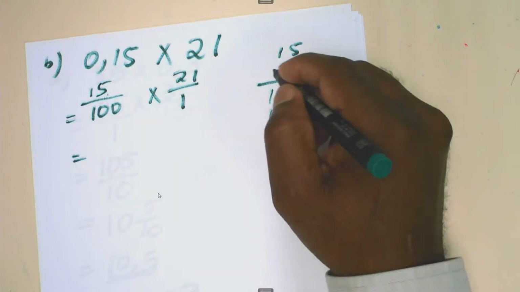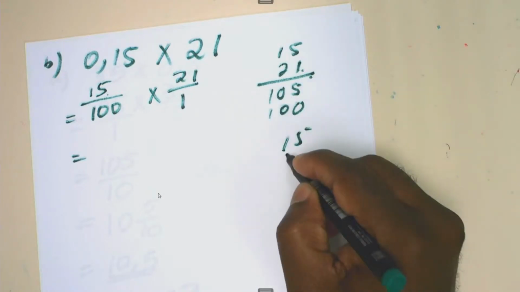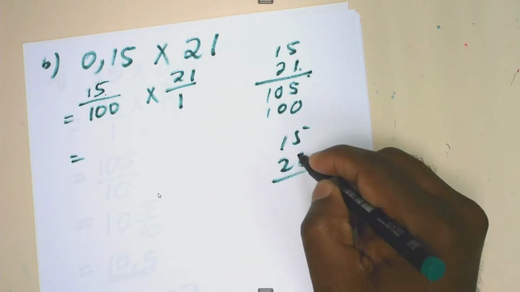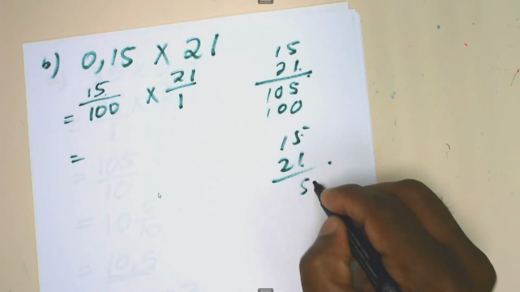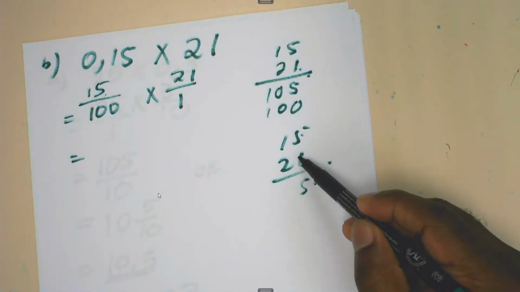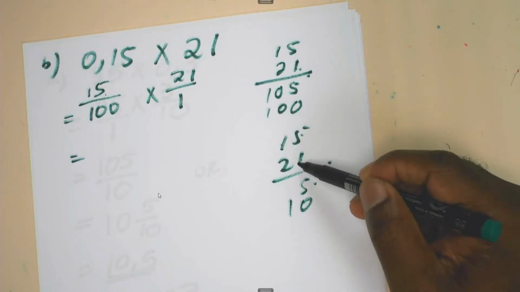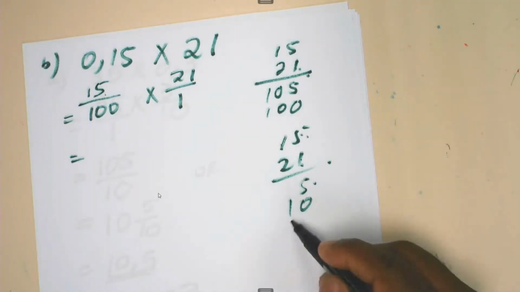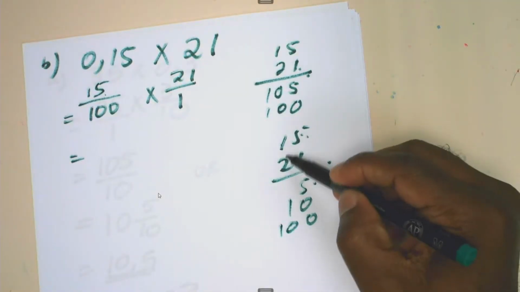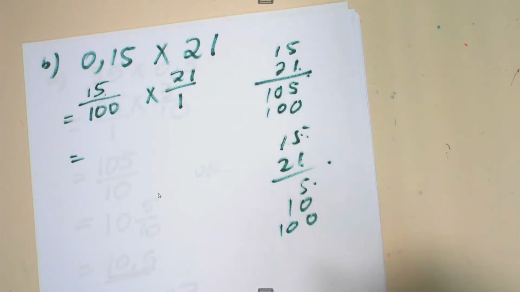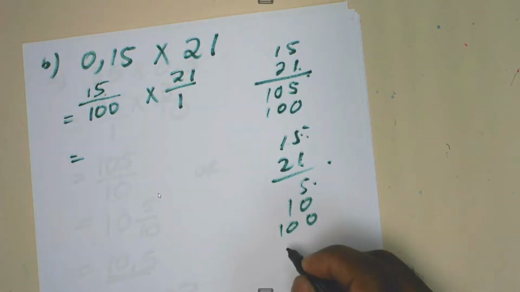Sorry for this. I did a mistake. 15 multiplied by 1 is 5. Ne? And then 1 by 10 is 10. Put it that way. Ne? And then 20 by 5 is 100. And then 20 by 10 is 200.